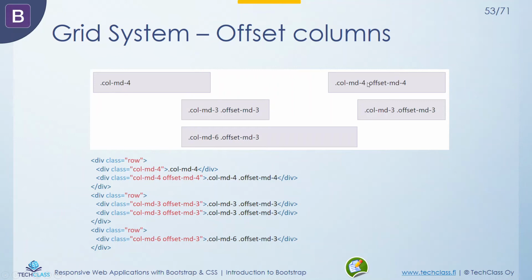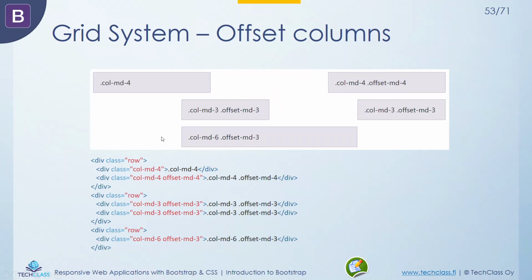But this one, as you can see here, there is no offset, so it starts from column 1 and then up to column 4. And here you can see we have offset-md-4 for this one, so that's the reason we have this here, with nothing included here as a 4 grid size. Let's go with the last one here.